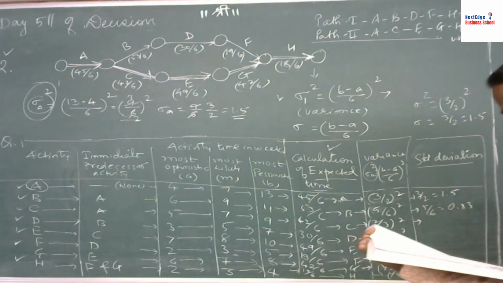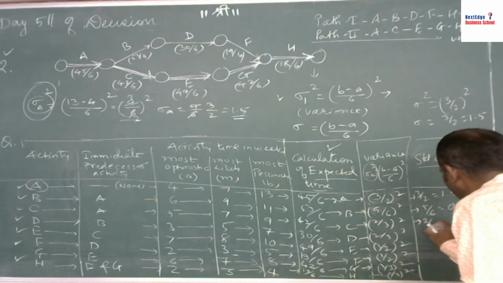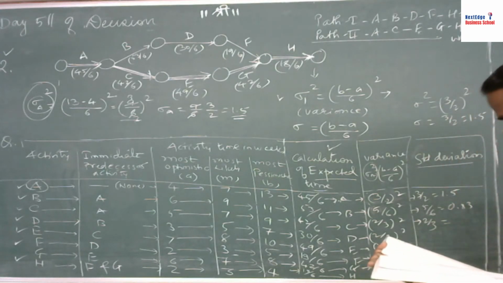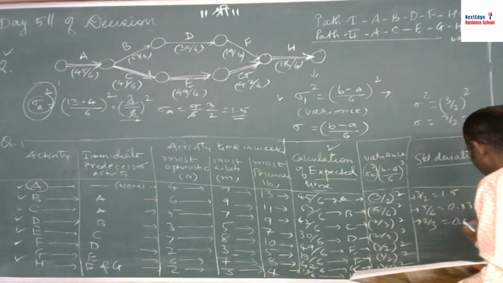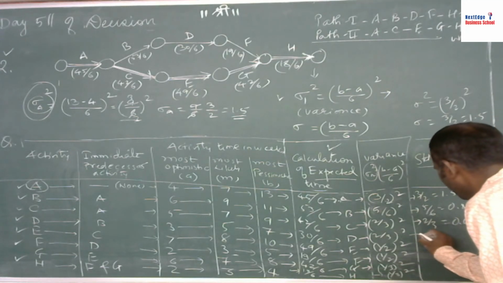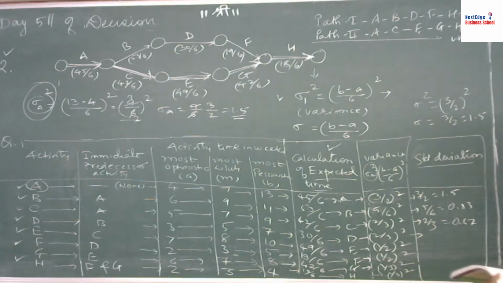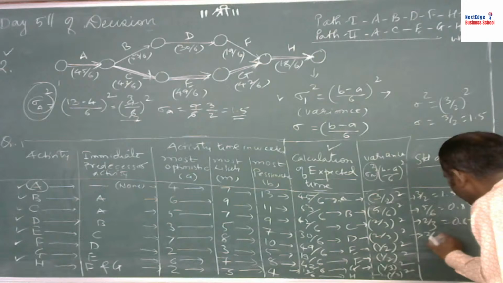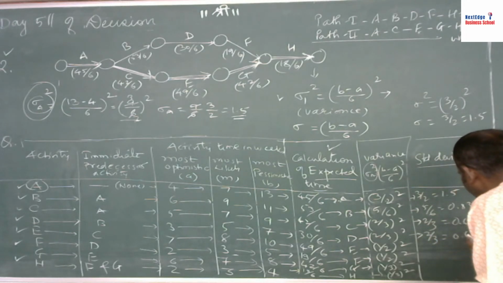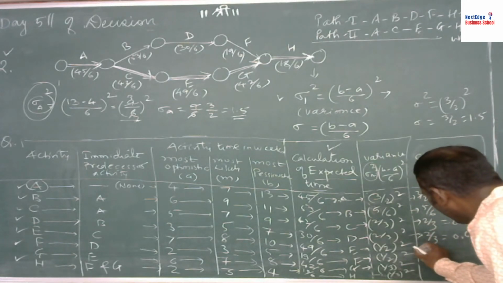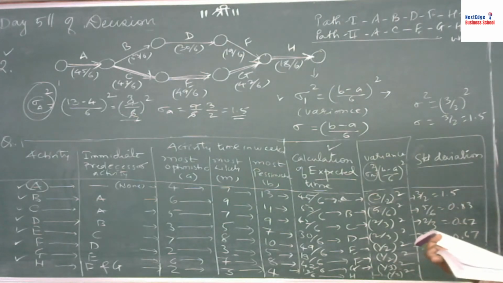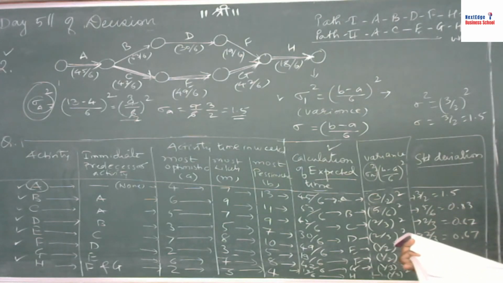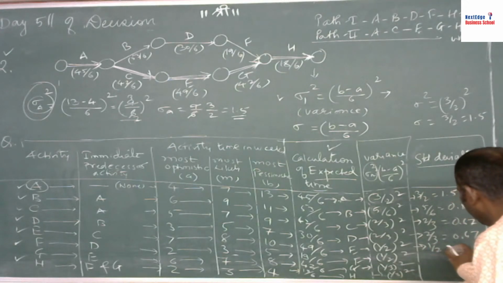For C it is 2 by 3. 2 by 3 is nothing but 0.67. For D I am writing. For D it's 2 by 3 again, 0.67, great. For E it's 1 by 2, 0.5.